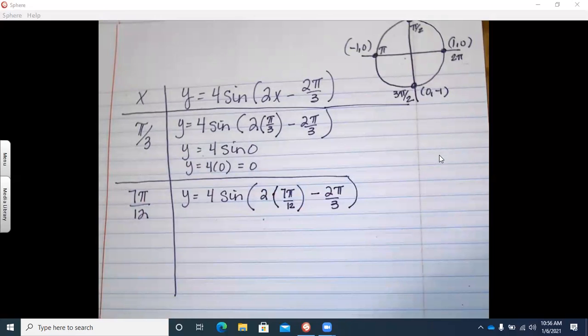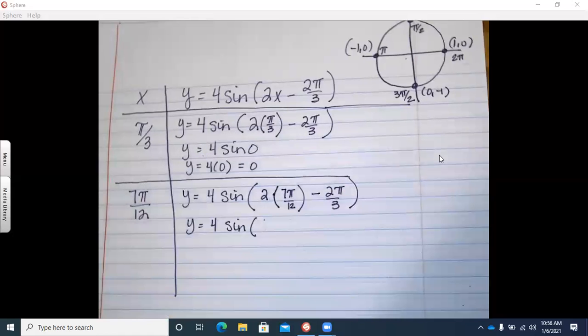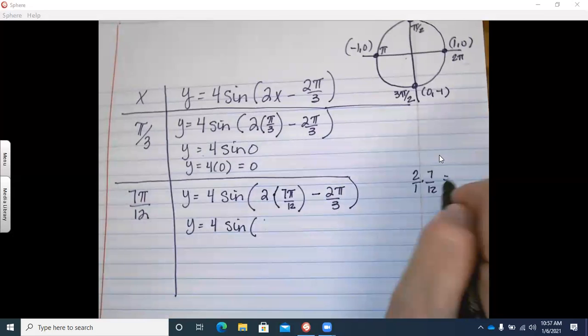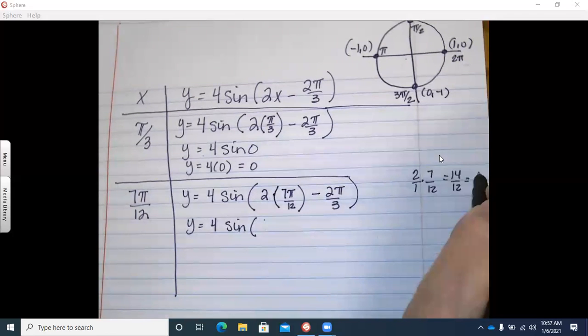So that's y equals 4 times the sine of, what's 2 times 7 12ths? 14 12ths, right? So 2 over 1 times 7 over 12 is 14 12ths, which reduces to what? 7 over 6. So I'm going to put 7 pi over 6 minus 2 pi over 3.